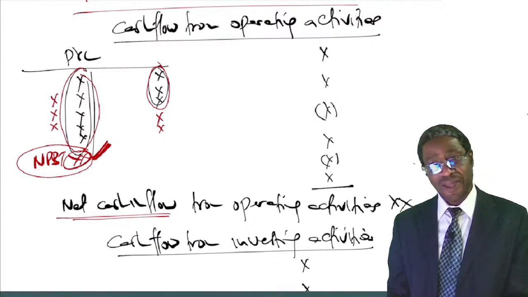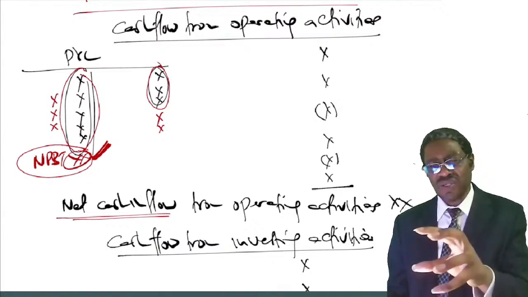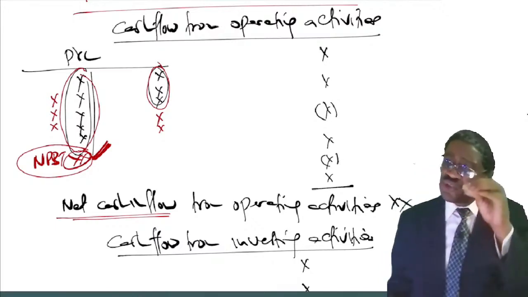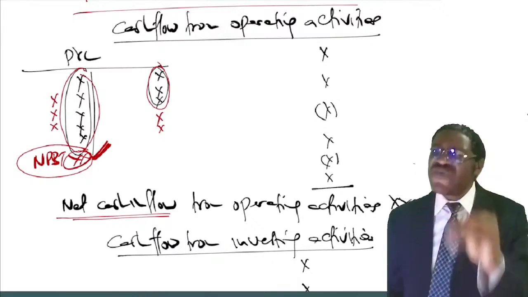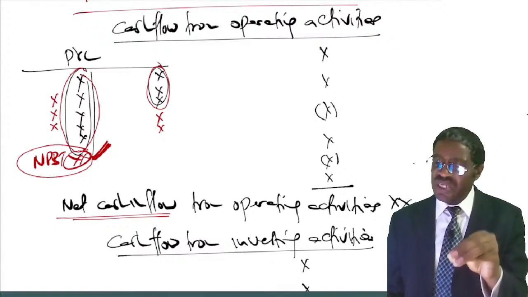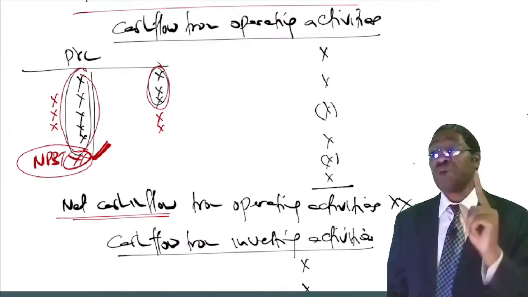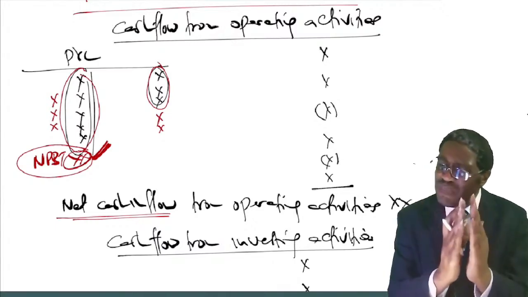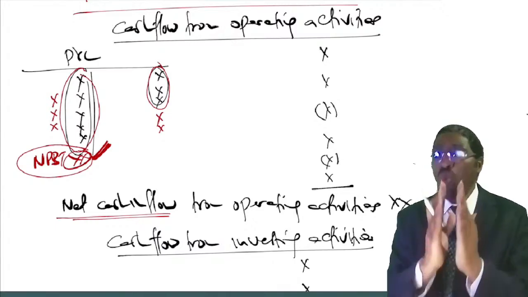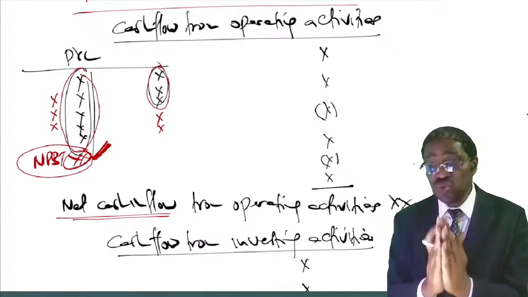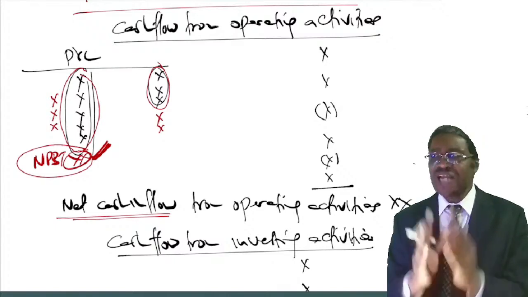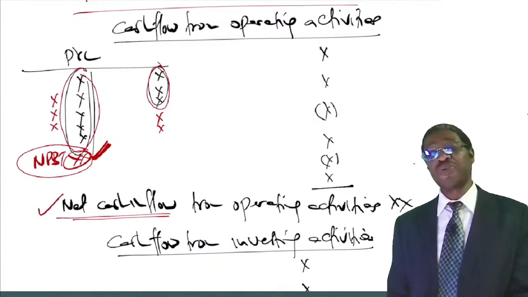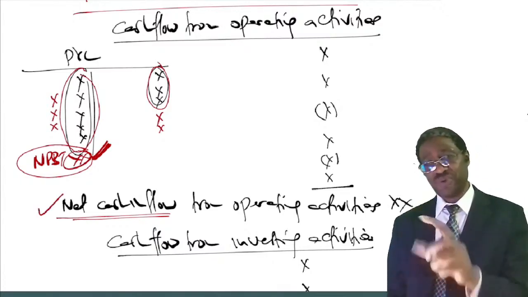Now listen. We want to ask ourselves, what would have been the true profit if everything in the P&L account was by cash? That is what we want to determine. That true net profit is the one we shall take to represent the net cash inflow.